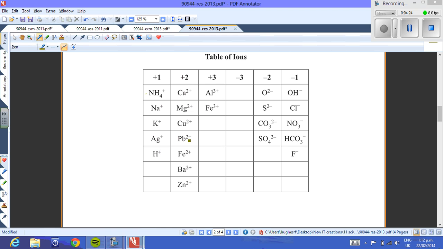Calcium, magnesium, copper, lead, iron, barium, zinc ions, aluminium, iron 3 plus ions. O2 minus is oxide, S2 minus is sulfide, CO3 2 minus is carbonate, SO4 2 minus is sulfate, OH minus is hydroxide, chloride, nitrate is NO3 minus. Hydrogen with carbonate is called hydrogen carbonate, and F minus is fluoride. So you need to be capable of doing that.